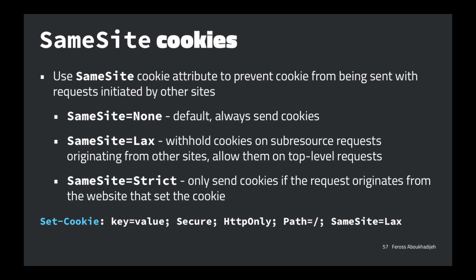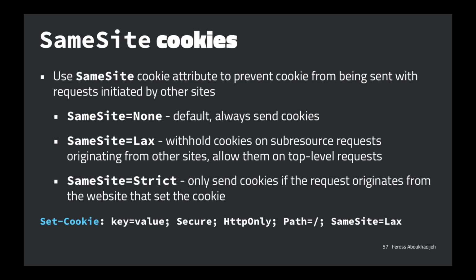If you want to go a step further, if you're extremely paranoid, you can go with the strict mode. What this says is just never send cookies if the user was sent to this site from another site. This is really aggressive. In particular, it doesn't even send cookies on top-level requests. So what does this mean? If I have a blog post where I'm talking about how much I love my bank, which I would never write, but say I did, I could link to that bank's homepage.